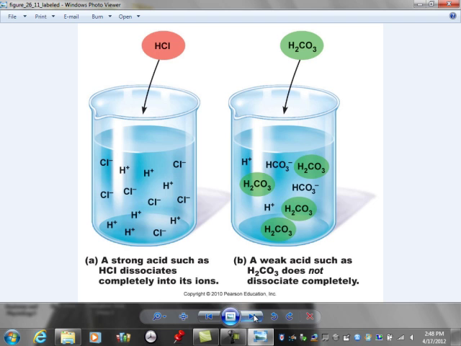Bases. What's the definition of an acid? Yeah, contributor of hydrogen ions in solution. The more hydrogen ions in solution, the more acidic the solution.